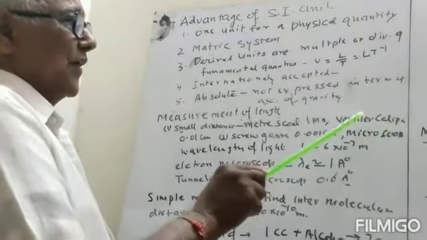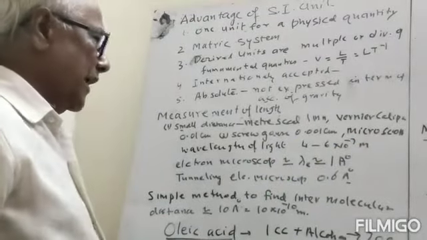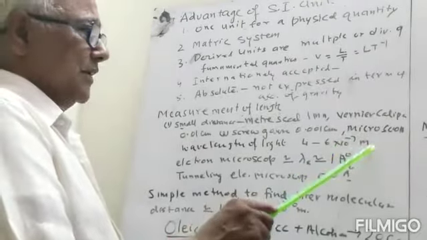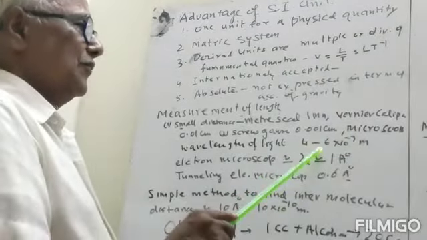If we take the screw gauge, then we can measure a minimum of 0.001 centimeter. If we use the microscope, which depends upon visible light, we can measure distances which are of the order of the wavelength of visible light. The wavelength of visible light varies from 4 to 6 into 10 raised to power minus 7 meter. So we can measure distances of this order with the help of a microscope.